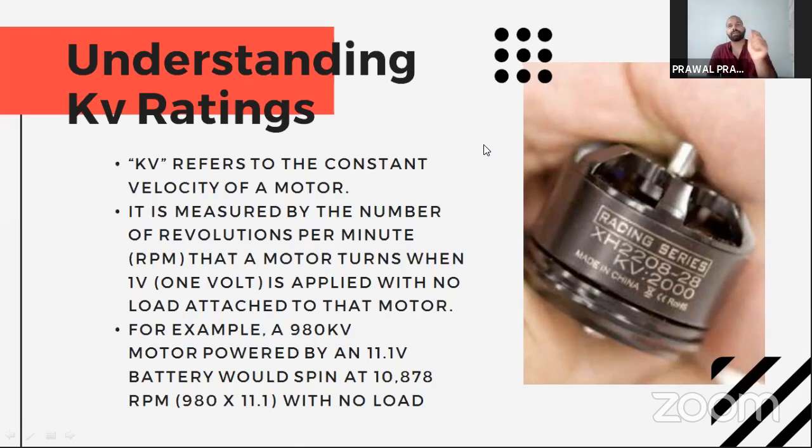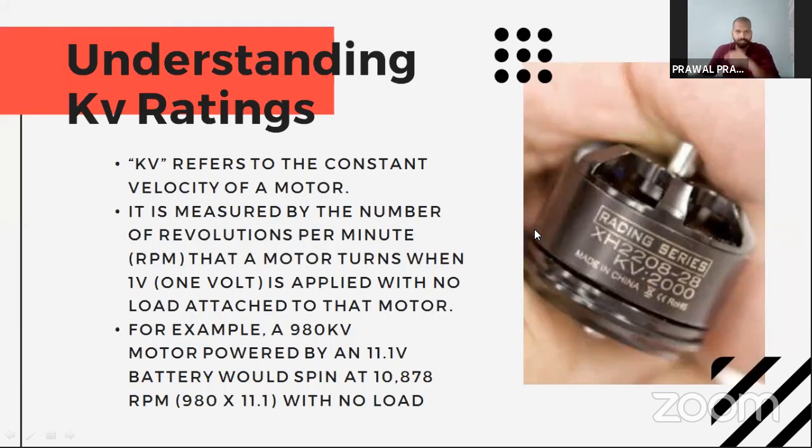If a motor has 2000 kV written on it, like in this image where it is written kV equals 2000, that means when 1 volt of power supply is given to this motor, it will rotate 2000 times in a minute. That is what you mean by a kV reading.